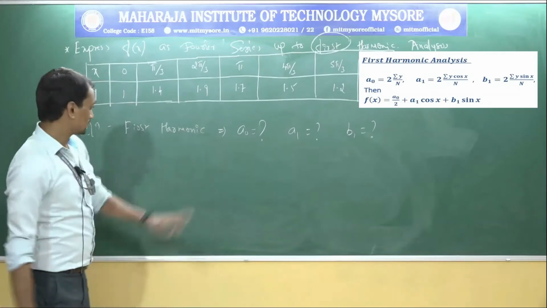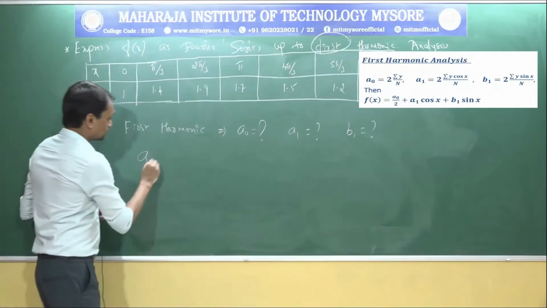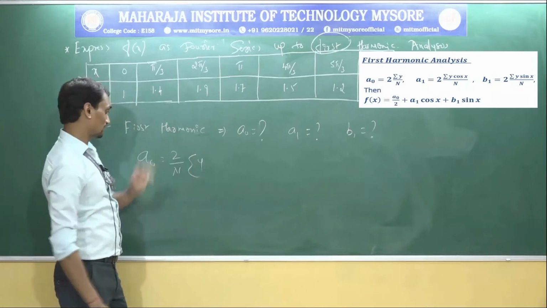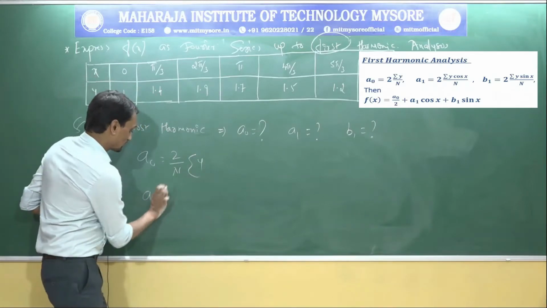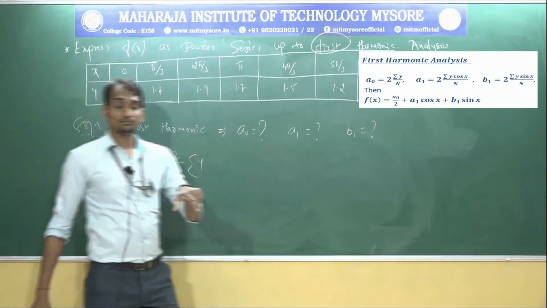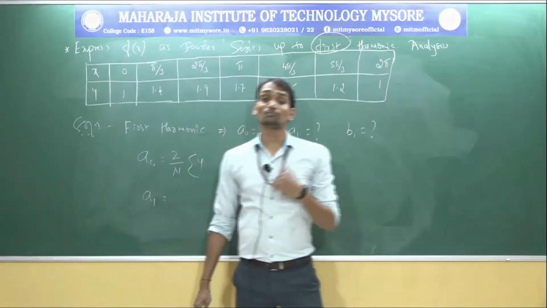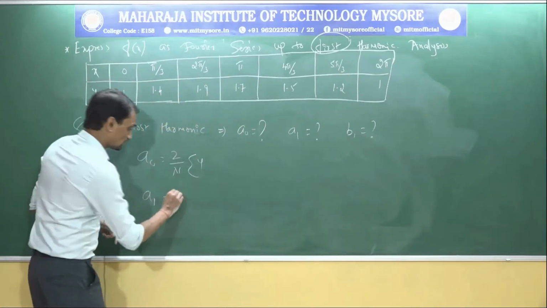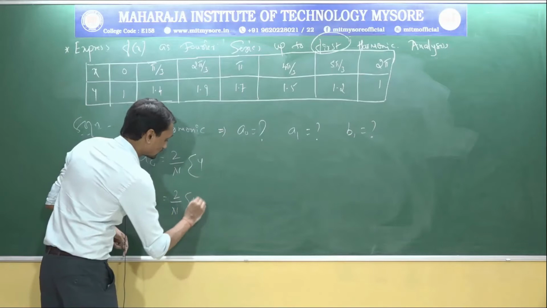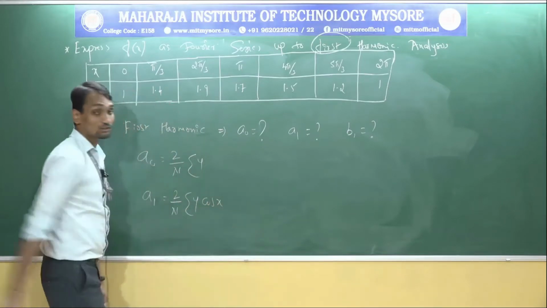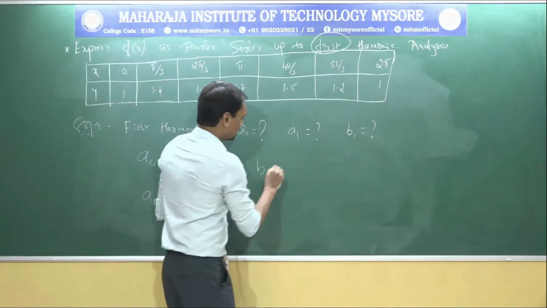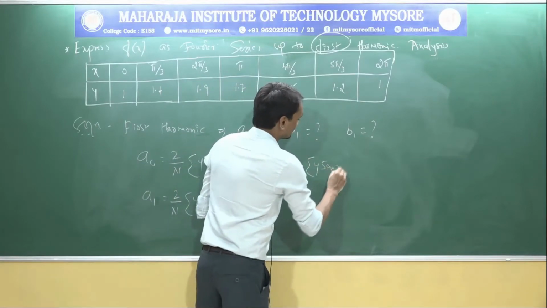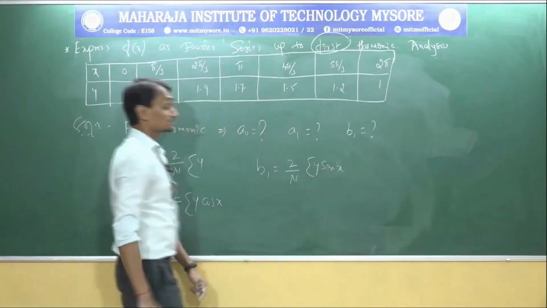First I will write the formula for a0: a0 equal to 2 by n into summation of y. a1 equal to 2 by n summation of y into cos nx, so substituting n equal to 1, a1 equal to 2 by n into summation of y into cos x. b1 equal to 2 by n into summation of y into sin x.